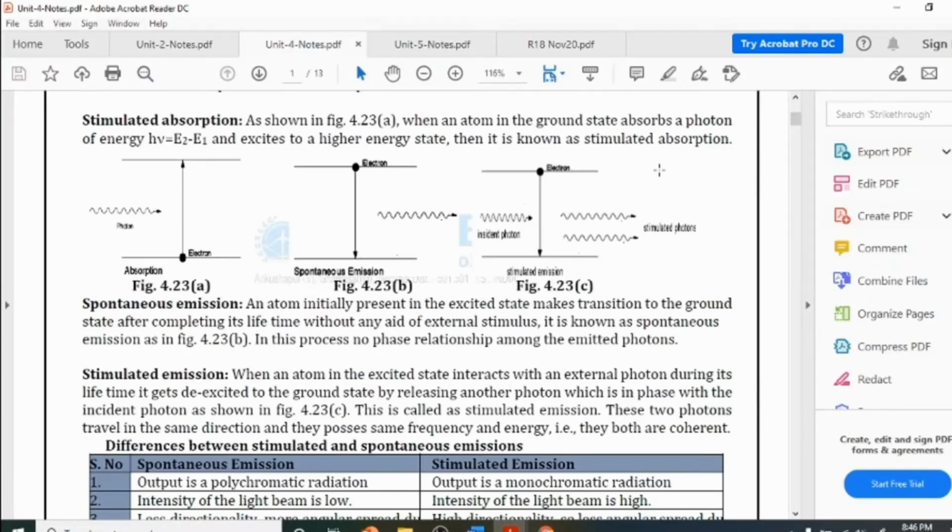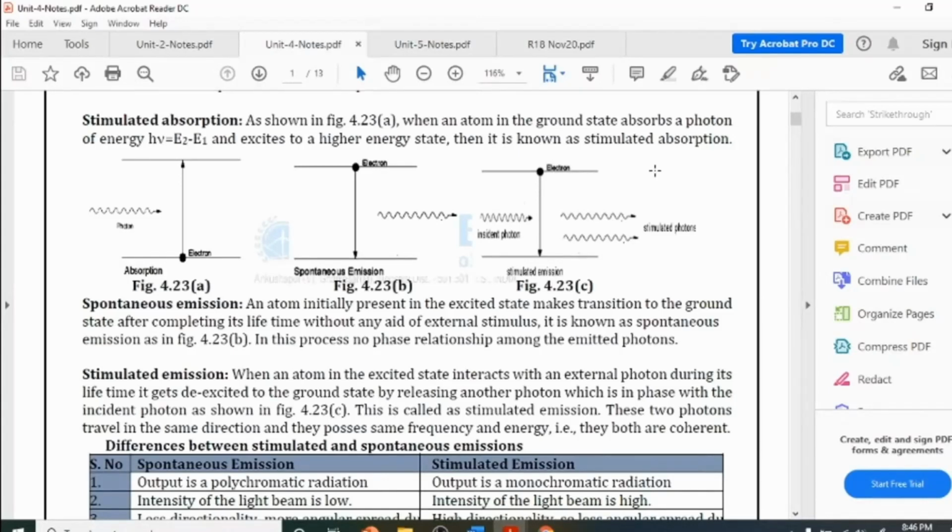In phase here means both of them would be coherent. There are 2 different coherences here: spatial coherence and temporal coherence. Both would be there for those 2 photons. I am talking about only 2. If there are 100 interactions, there will be 200 photons, and with 1 crore interactions, there will be 2 crore photons. That's why the more the number of photons, the more the intensity of the emitted radiation.